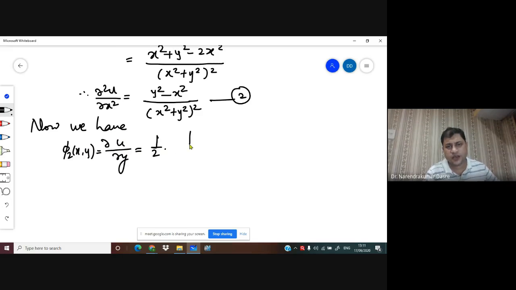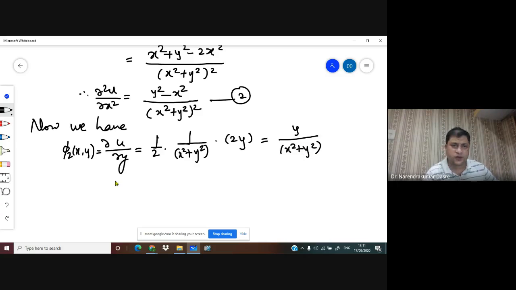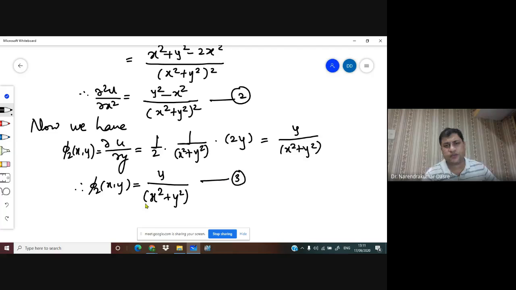So here we have this half as it is, and then you will be having 1 upon x square plus y square into the derivative of this term with respect to y, which is 2y. So this 2 will get cancelled, and you will be having y upon x square plus y square. So we get here phi2 of xy is equal to y upon x square plus y square. That's what we have. This is equation 3.